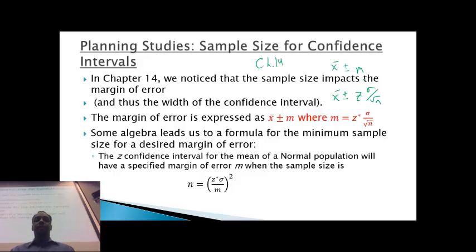So now we're going to refer to it as M, the margin of error. And because you're so well versed in your algebra skills, if I take Z times the standard deviation over the square root of N equals the margin of error, you know how to solve for N. Yes, you do.